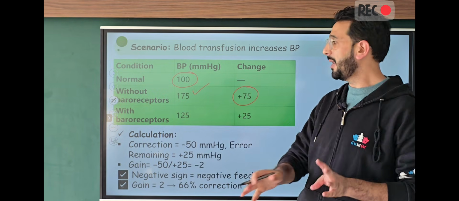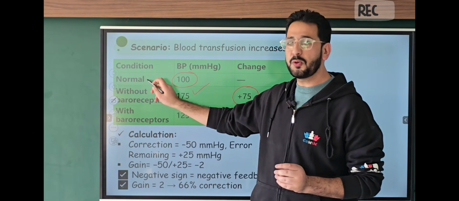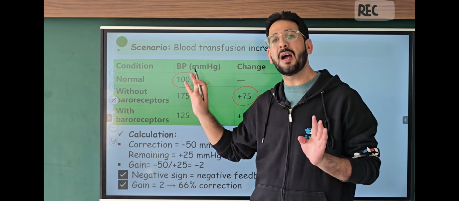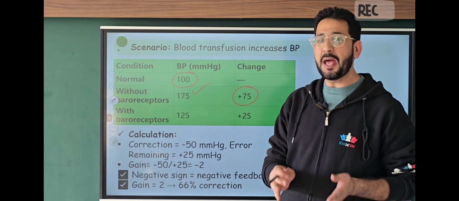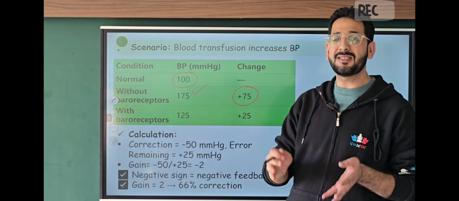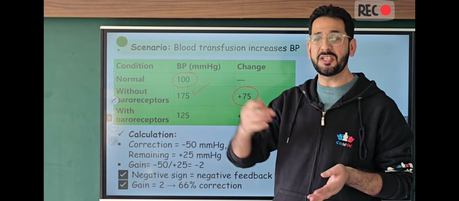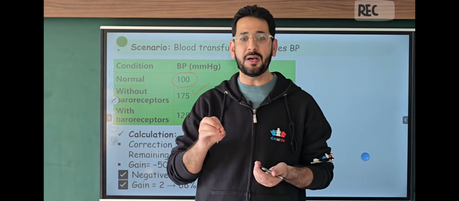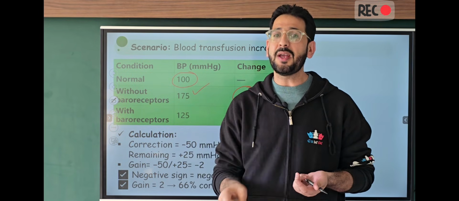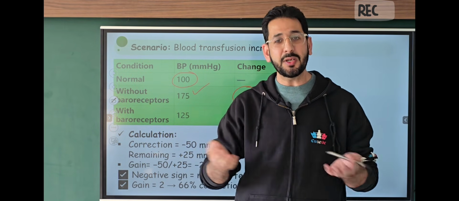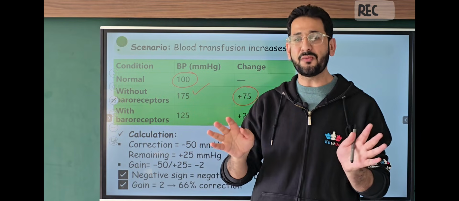Okay, please understand this. Before the transfusion, the normal blood pressure is 100 mmHg. Baroreceptors are the receptors that detect the pressure change. For example, if we are transfusing blood, that means we are increasing the volume of the blood. If we are increasing the volume of the blood, that is going to increase the blood pressure. That is straightforward.